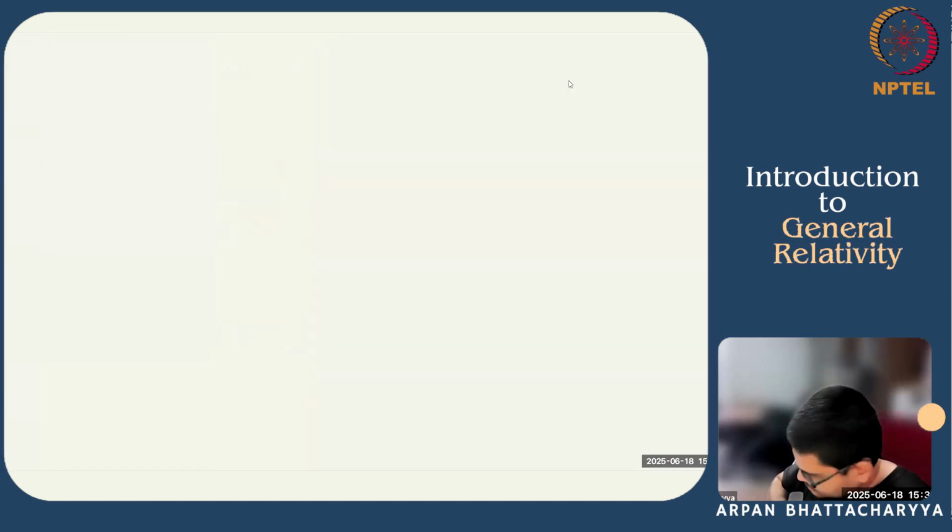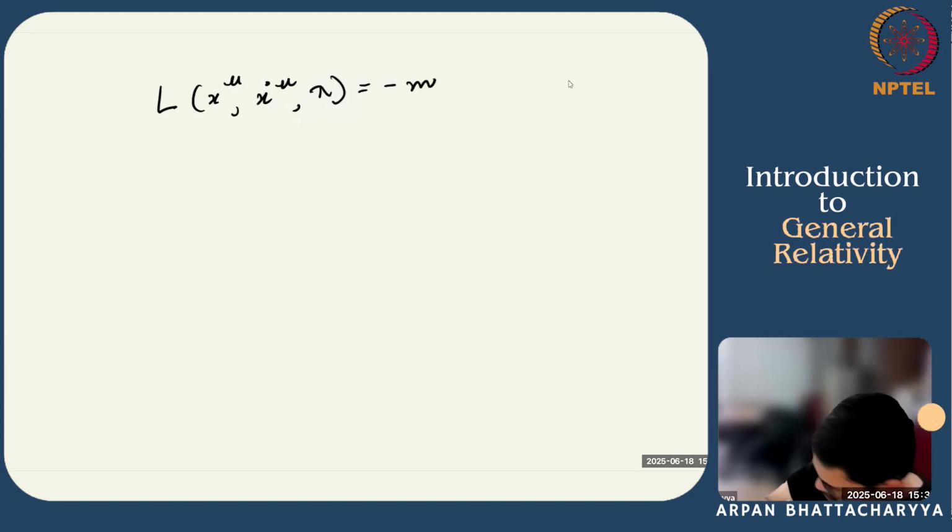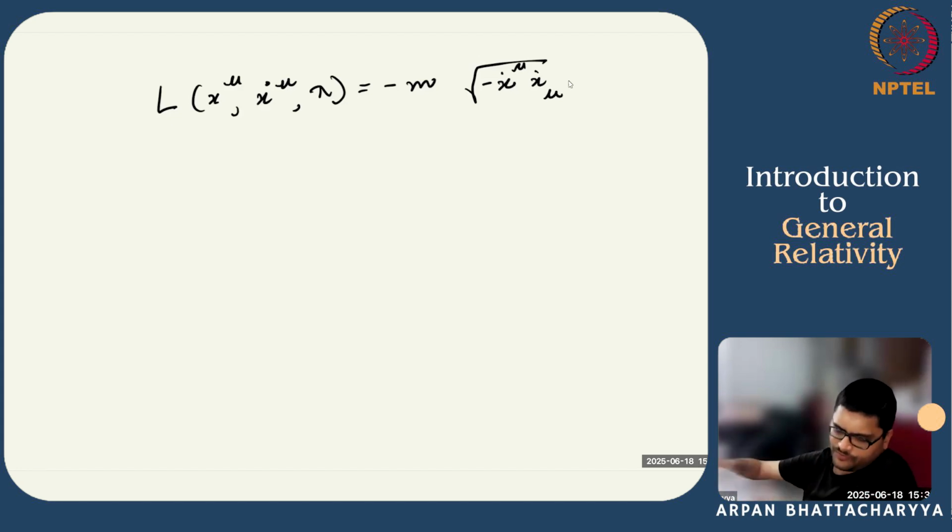So for the point particle case, the Lagrangian takes the following form. It has x mu lambda, which is nothing but minus m, and there will be some factor of c.